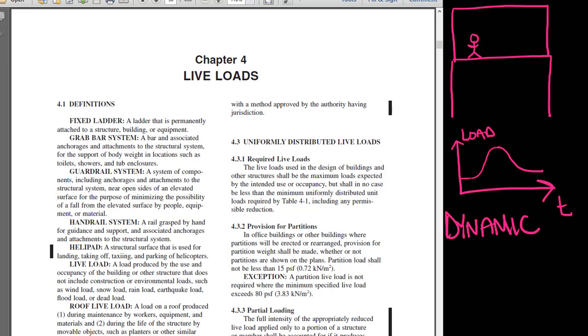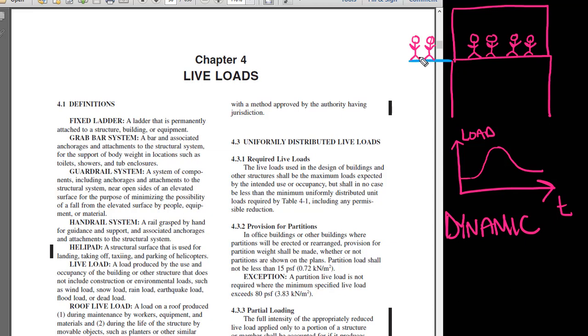But in fact, if we were to draw a cantilever out here, and if we were to design that cantilever for the maximum possible occupancy that we're expecting over the lifespan of the building, both in this room and in the room behind, you can see that this arrangement would not be the worst case scenario for this cantilever, because of course we're placing more weight on the backspan, which is helping that cantilever.